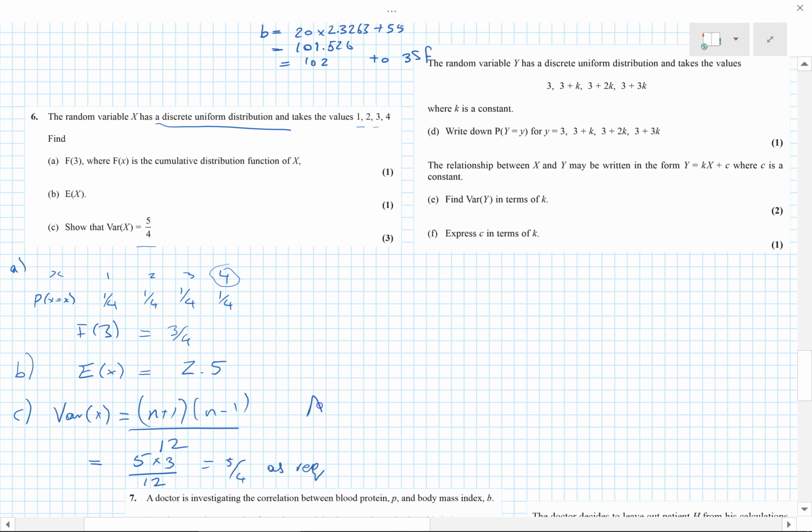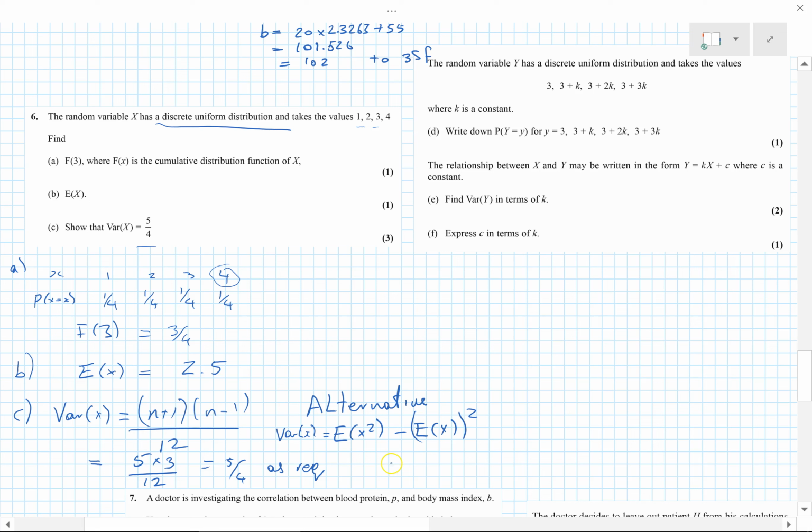So the alternative is to use the E of X squared, take away E of X all squared, that formula, and that is in the formula book or a version of it. And then at least then we don't have to worry about remembering this thing.